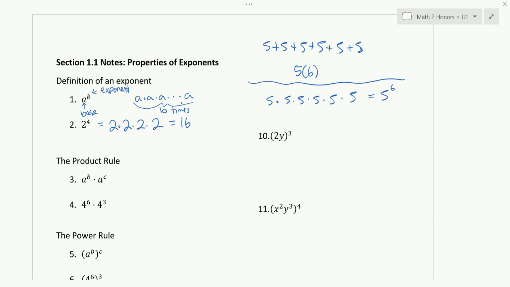So if we look at number 4, we have 4 to the 6 times 4 to the 3rd. And what that means is, well, 4 to the 6 is 4 times itself 6 times. So we have 6 4's here, times 4 to the 3rd, well, that's 4 times 4 times 4.